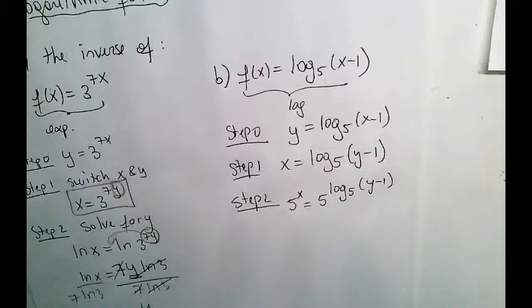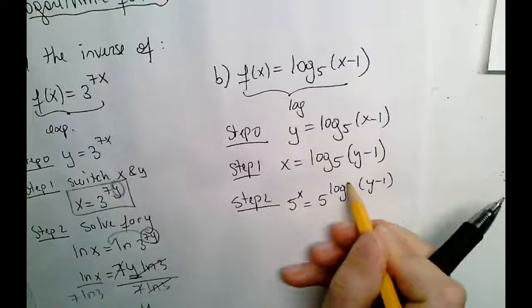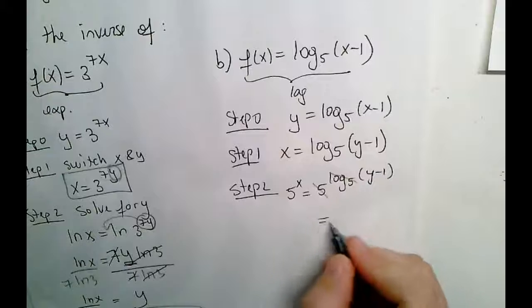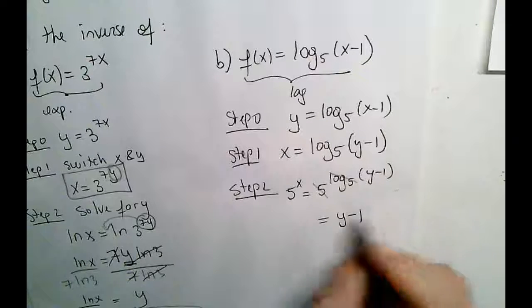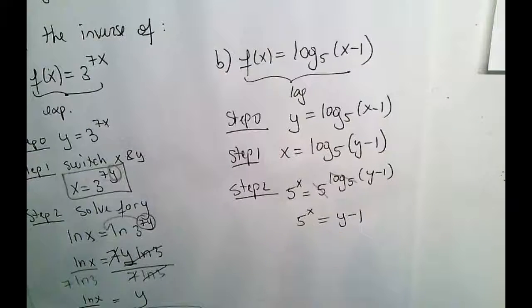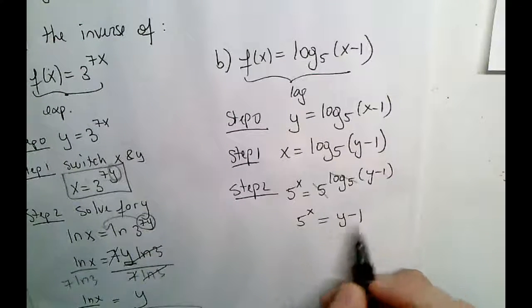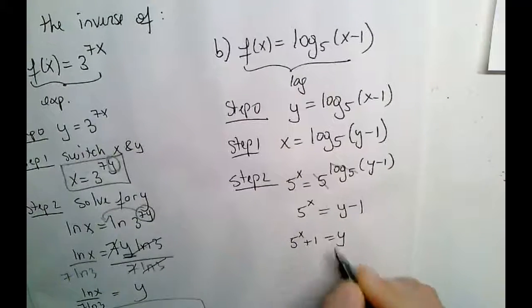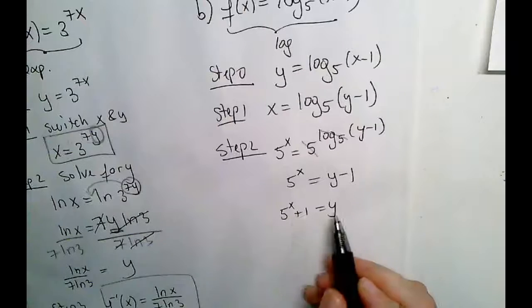The reason we do this is because 5 to the power and log base 5 are inverses of each other, so they cancel, and all I will have left on the right side is y minus 1, and on the left side, 5 to the x. Since I'm solving for y, I'm going to add 1 to both sides. This gives me that y equals 5 to the x plus 1.